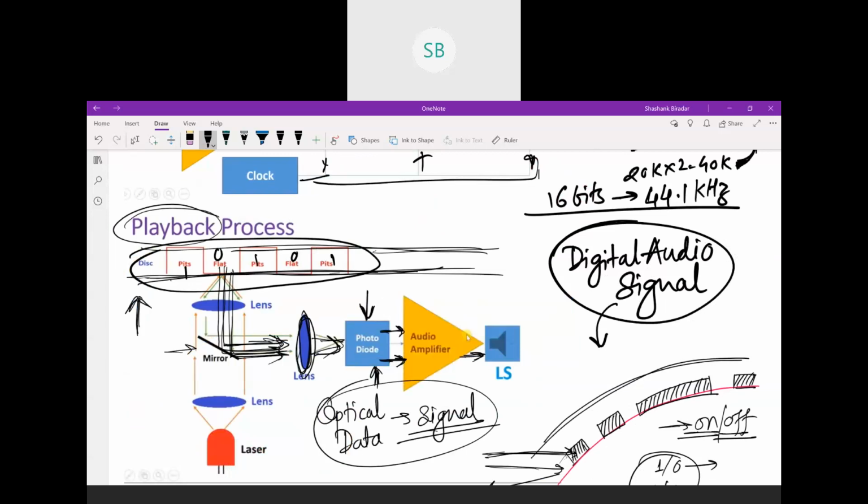Now we retrieve the data optically by transmitting the laser light. Then the laser light is again made on and off based on the regions present on the track, whether it is a pit or flat, and those on-off conditions of the laser light are again converted into signals by means of a photodiode. And those signals are again given to the audio amplifier.